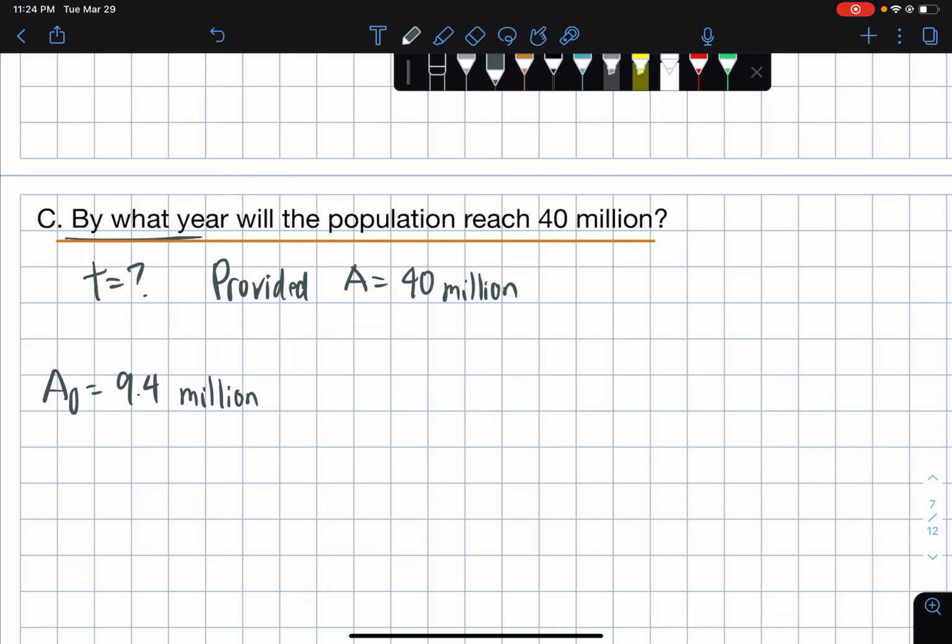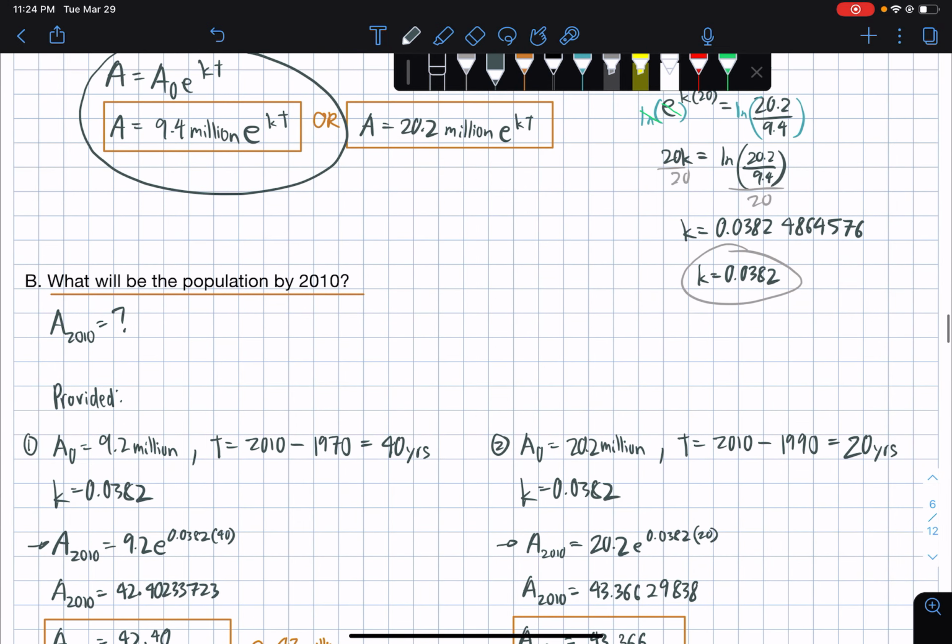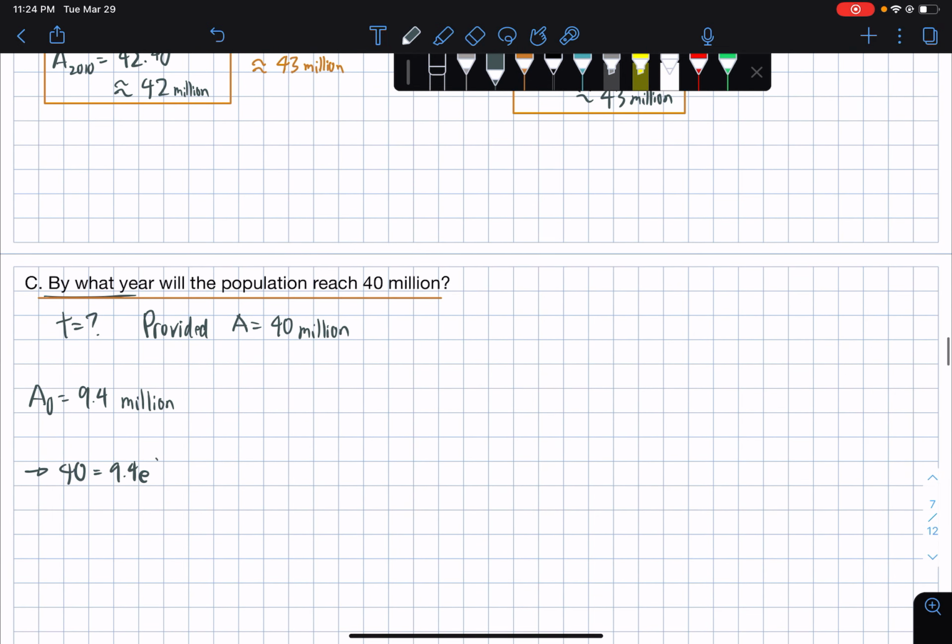I think that's everything that you have to know. Let's try to substitute now. 40 is equal to 9.4 Euler's number raised to k. K is what? 0.0382. Raised, actually no, times t.